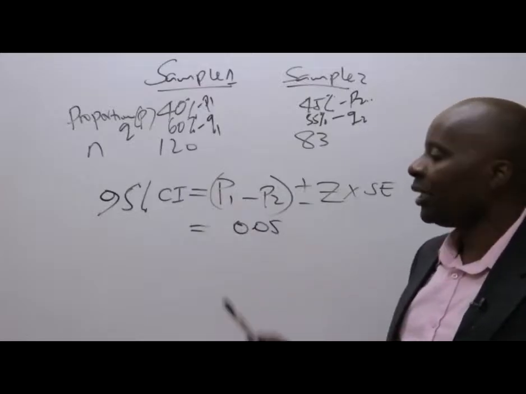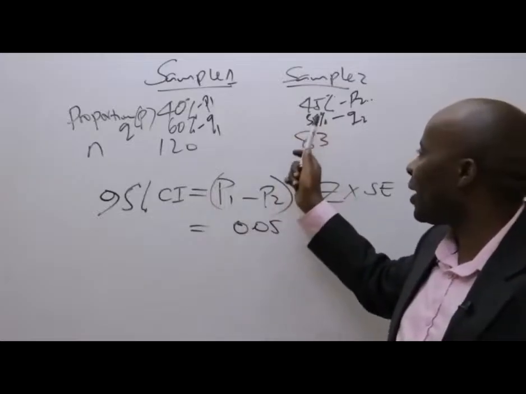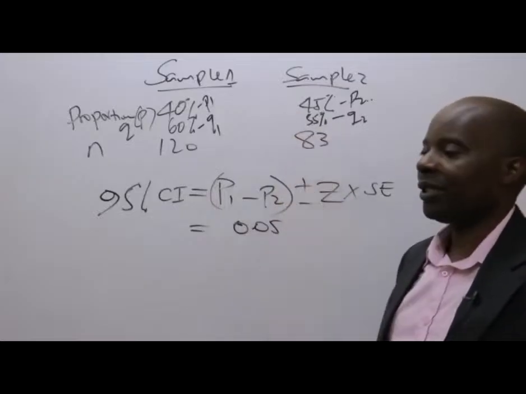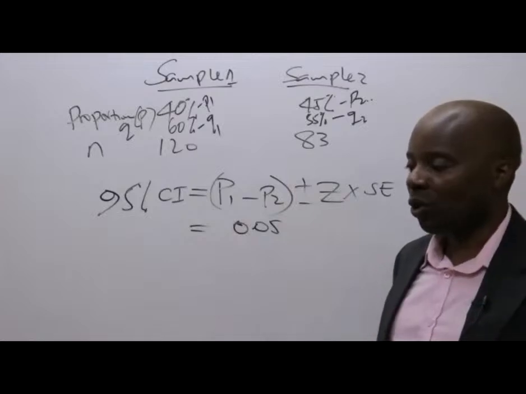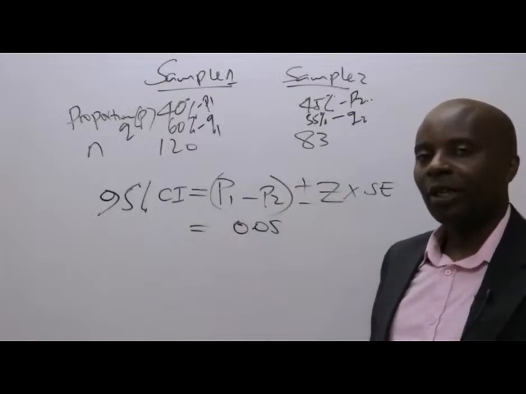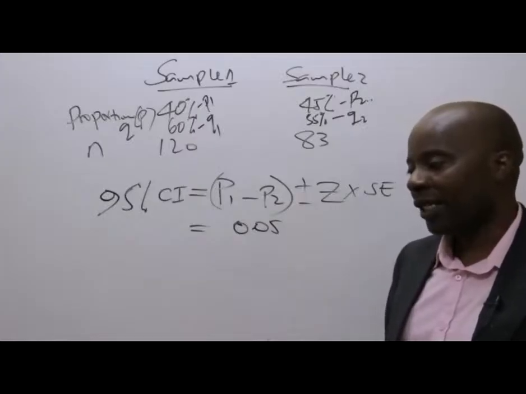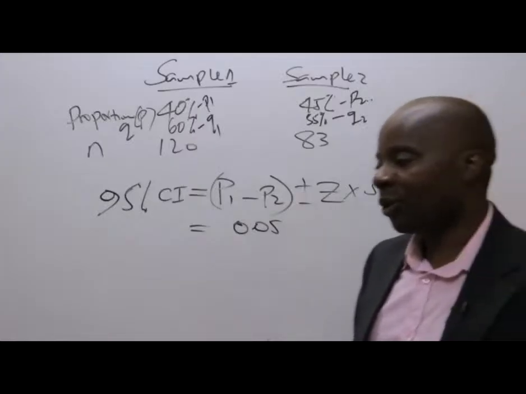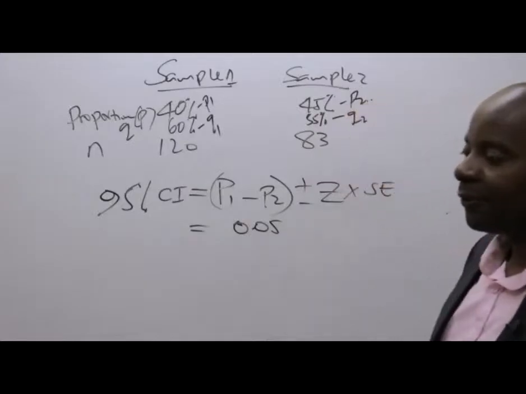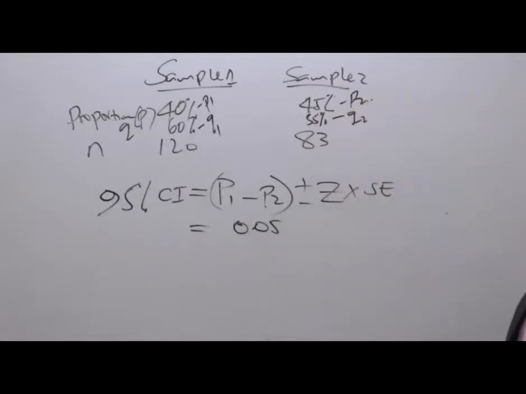Again slowly, 0.45 times 0.55 divided by 83, and then equals. Ultimately, get the square root of that, and you'll get the figure that the other students got. Just try and see again.